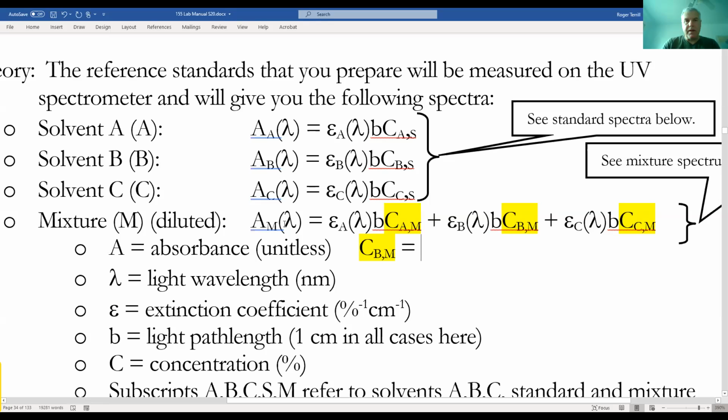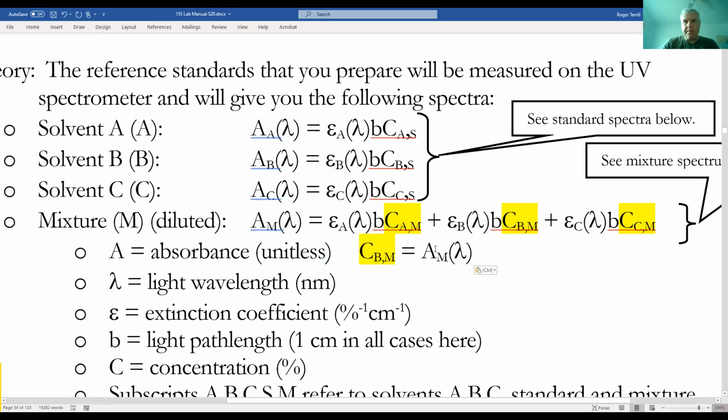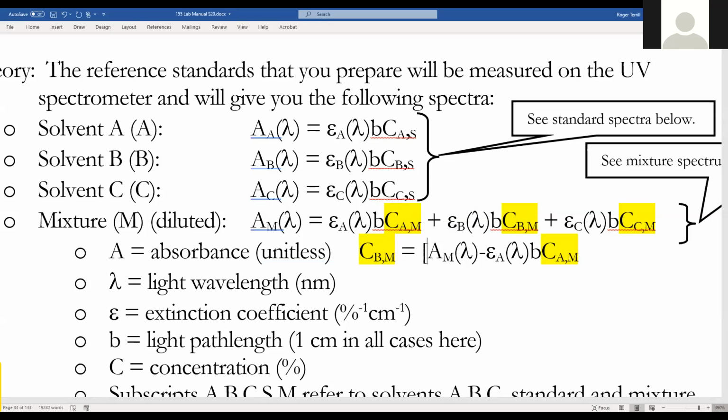So it's going to be this guy minus this guy and this whole thing divided by this, and I'll be consistent dropping the B's here, even though it doesn't make any difference. Does that make sense? Yeah.